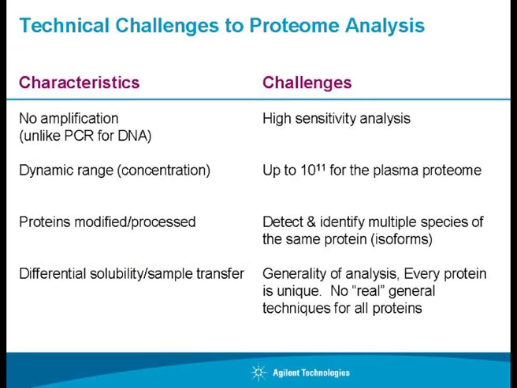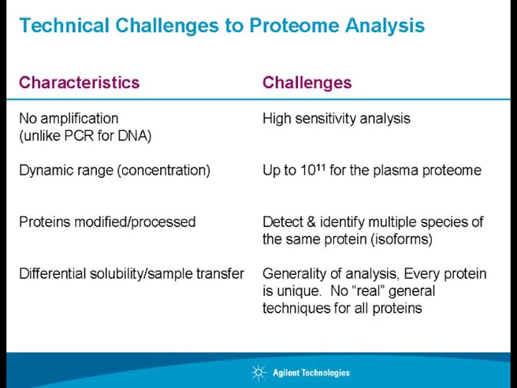So how to address that now? In comparison to genomics, you cannot amplify proteins. Unlike genes, DNA or RNA, which you can amplify, you cannot do it for proteins. So you need a high sensitivity analysis. Then there is the dynamic range of concentration. A protein can have various concentrations. There can be a low abundant protein and a high abundant protein at the same place, at the same point of time.